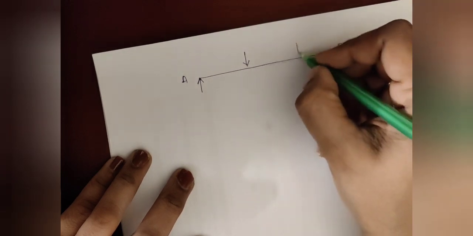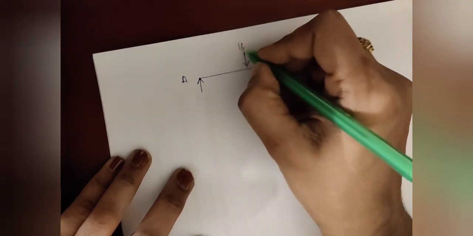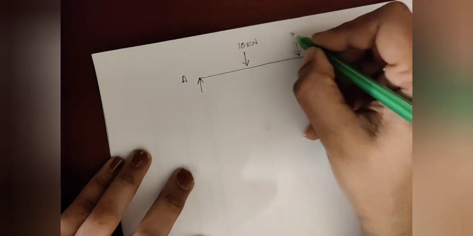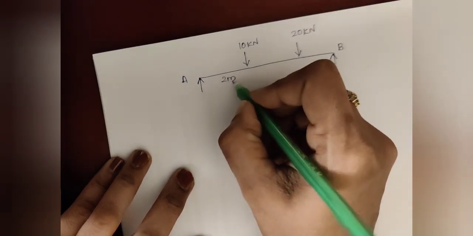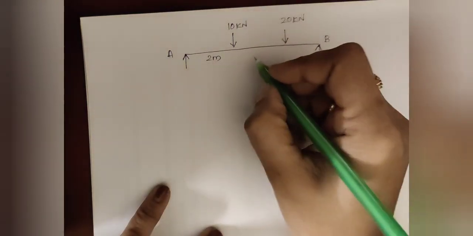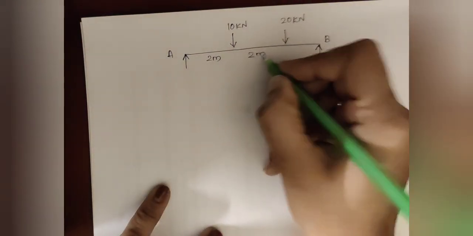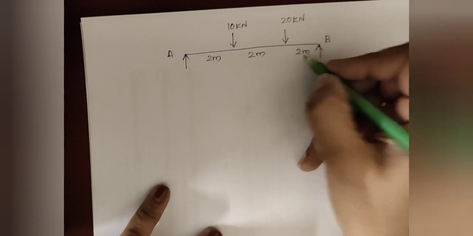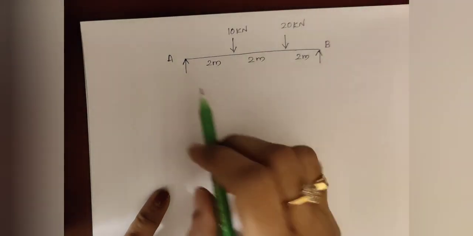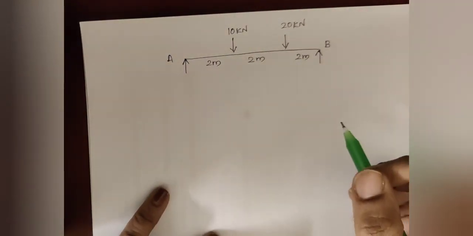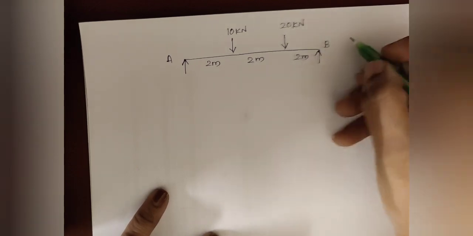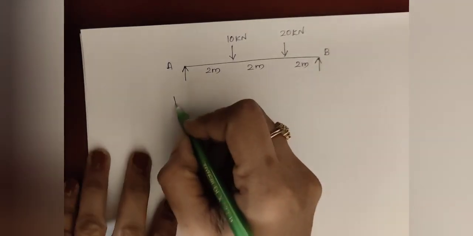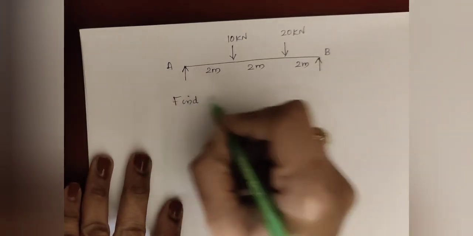Here you are given two loads, 10 kilonewton and 20 kilonewton. Now this length is 2, this is also 2, so total 6 meter length. You have to find the support reactions.